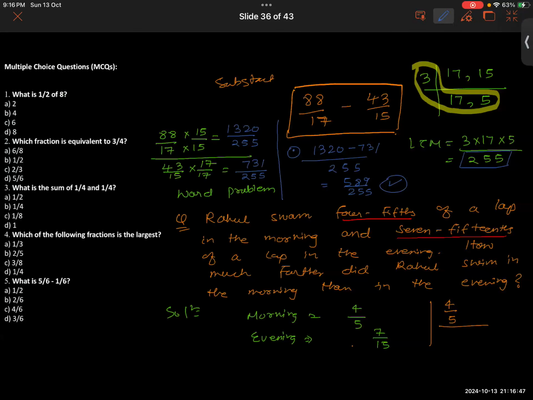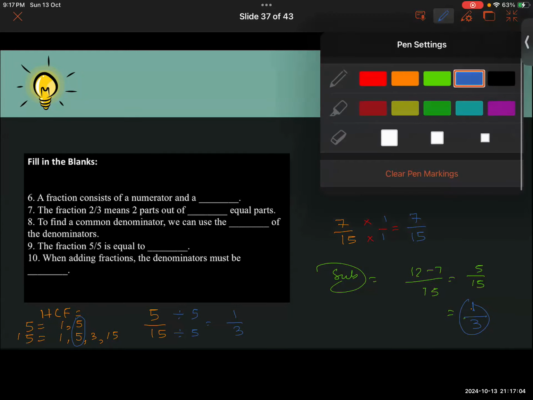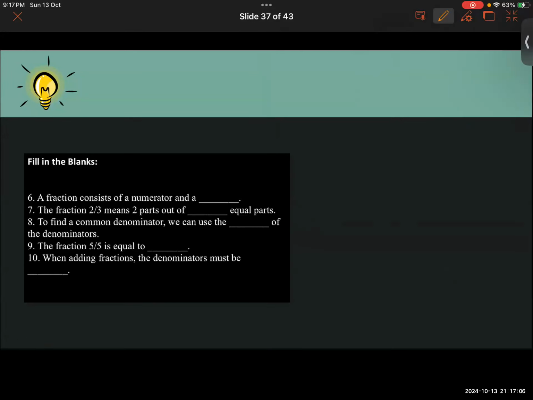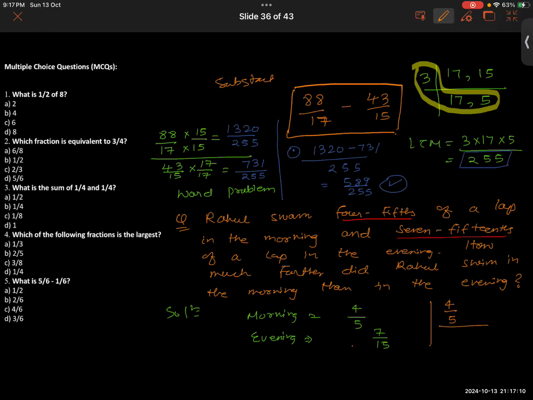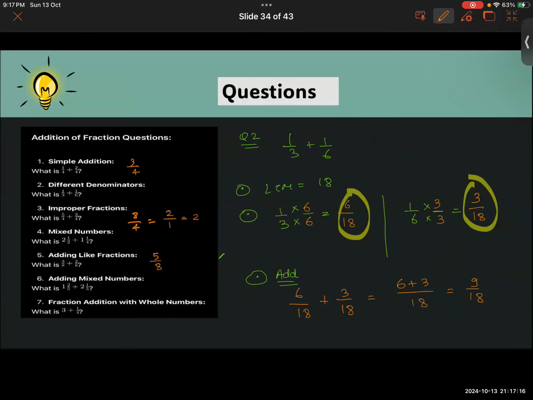So as per the question, Rahul swam 1/3 of a lap farther in the morning as compared to the evening. You understood that now? Yes. Okay. Now let me give you one more question.